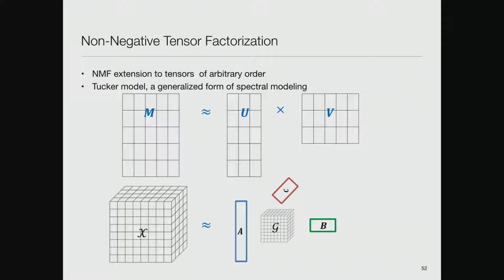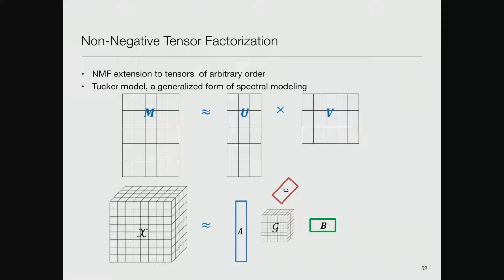Well, you can play the same game for a tensor by having a so-called core tensor, which identifies the subset of characteristics that subdivide that dimension of your data.